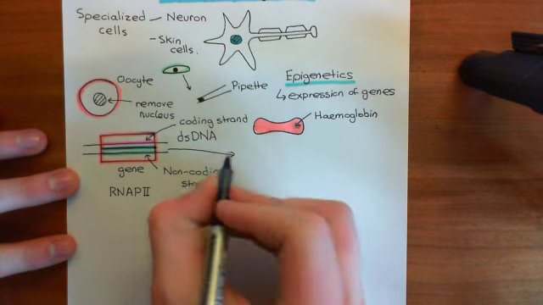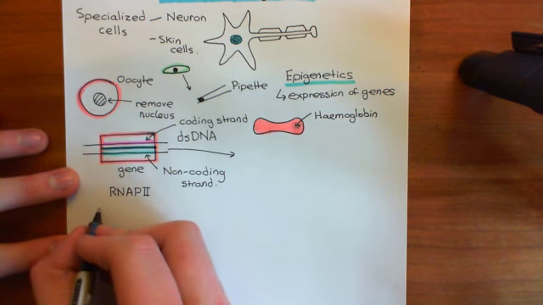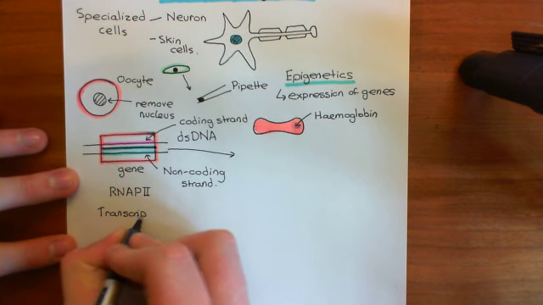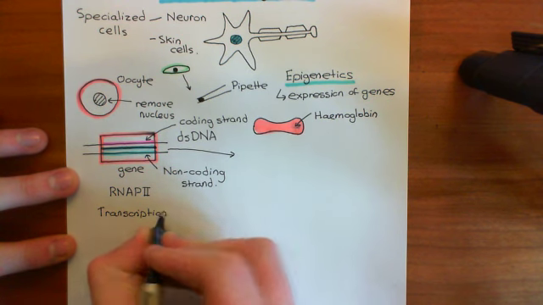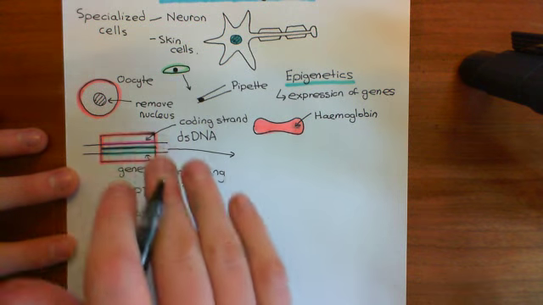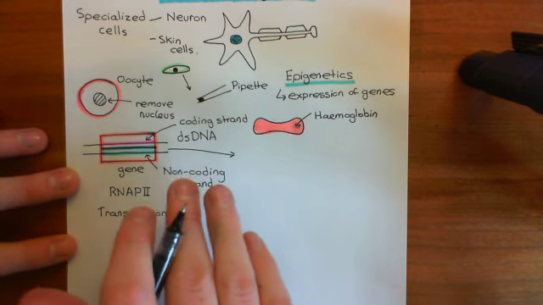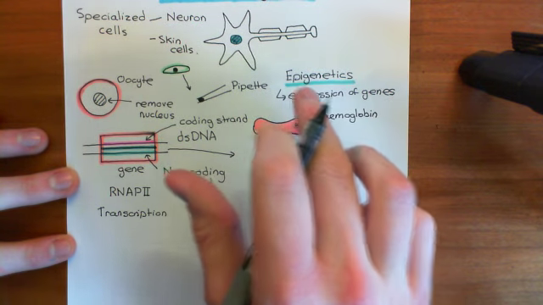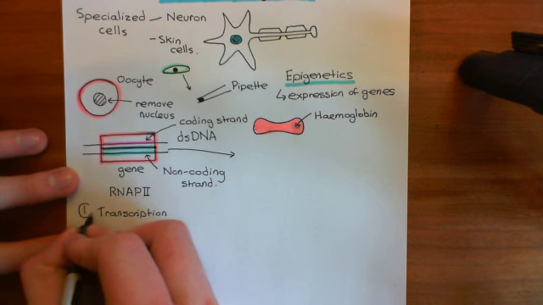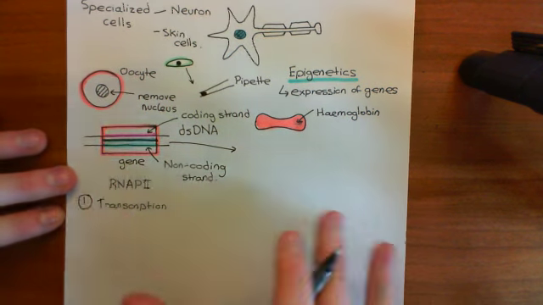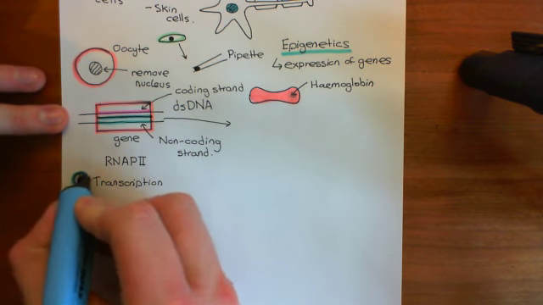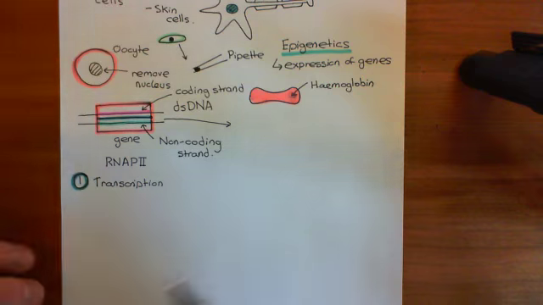So that process of producing this piece of mRNA, that's known as transcription, okay? And there is clearly a way of controlling the expression level of the gene by altering the rate at which it is transcribed. Okay, so that's one of the epigenetic controls. We can control transcription. So this is the first point where we can exhibit epigenetic control, basically. Okay, right, so this is one point that we can use to control the expression of the gene.